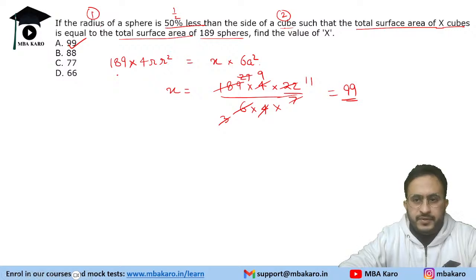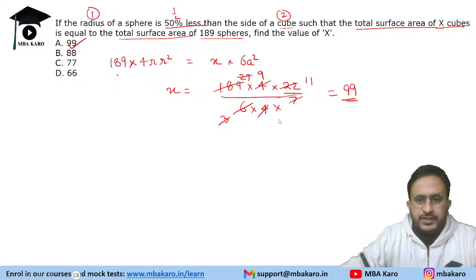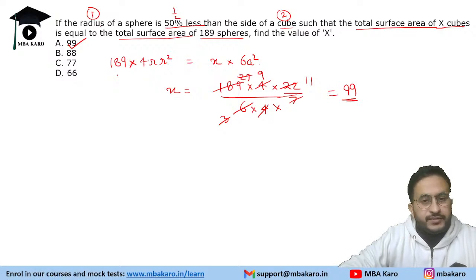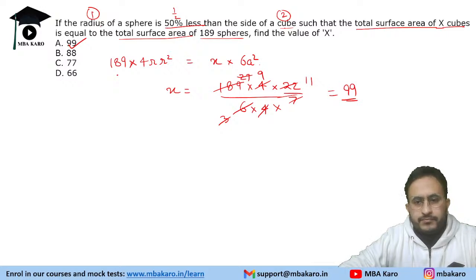Okay, so yeah, it will be 99. I had mistakenly taken it on the other side. So you will get 99 as the number of cubes, merely equating the two ones.